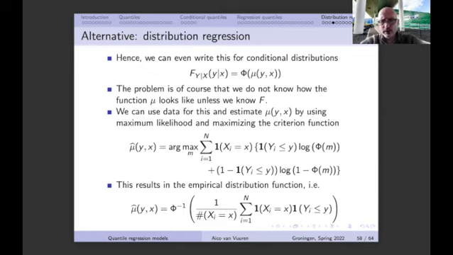Apart from that, you should take into account that we generally have a problem as soon as this xi that we have over here is not discrete. In the case that xi is continuous, the problem is that we will actually have no observation.